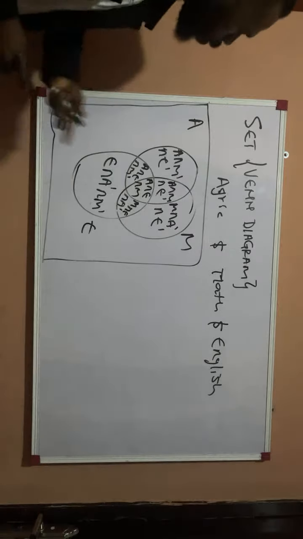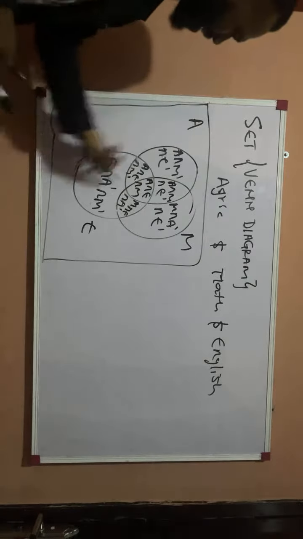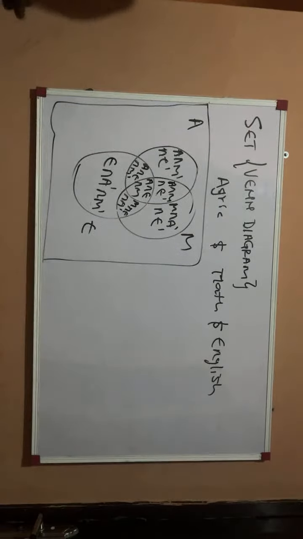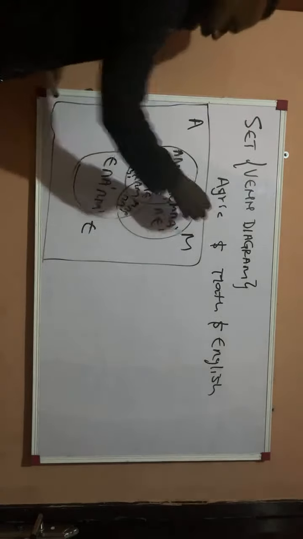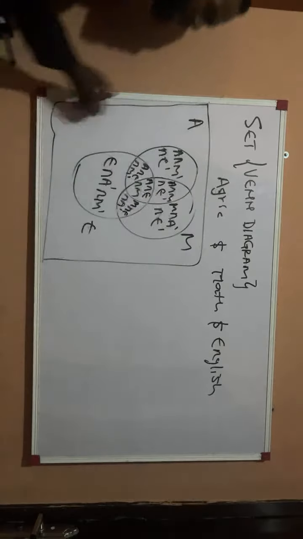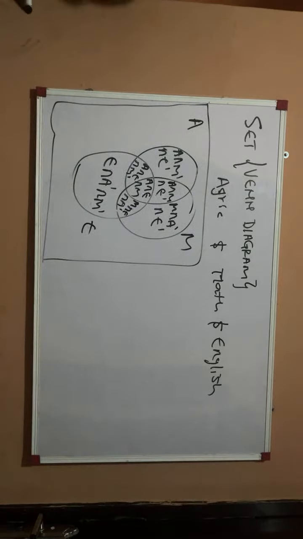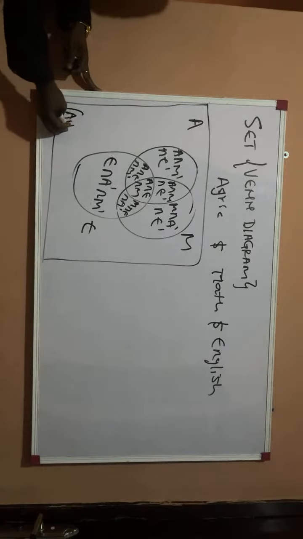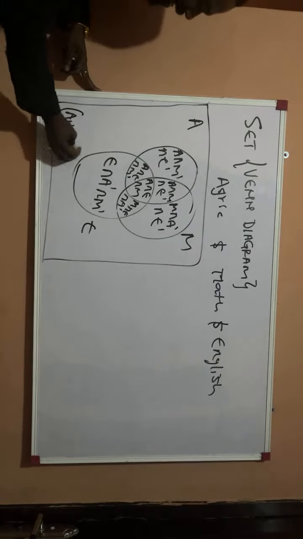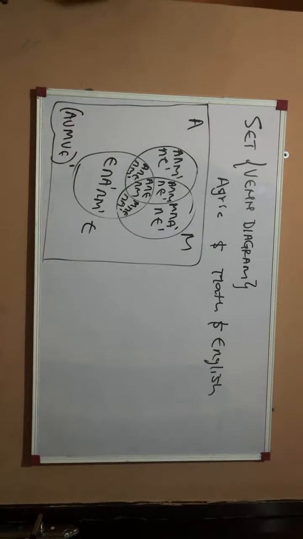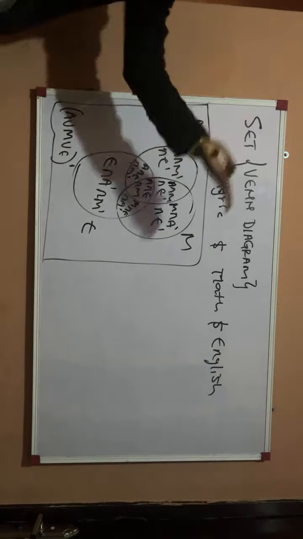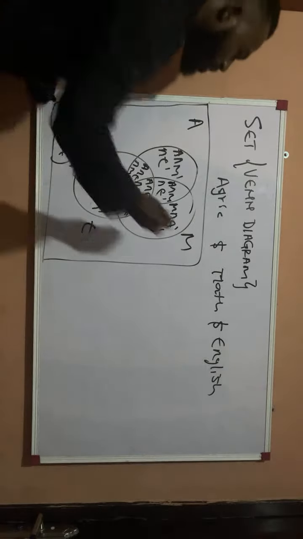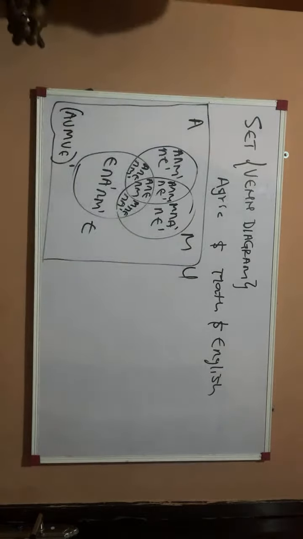But in case there are some students in the class who do not offer any of these three subjects, it means that they will not be inside the circles, but they are inside the what? The class. So here becomes Greek union mathematics union English, what? Prime. So it shows that they offer none of the subjects in the what? In the class. And this becomes our universal set.